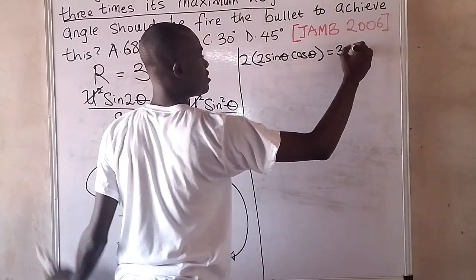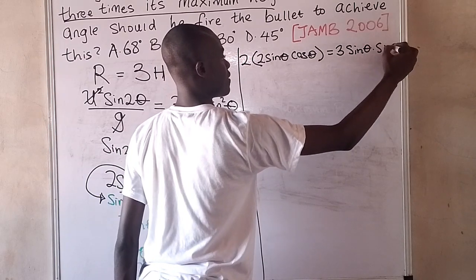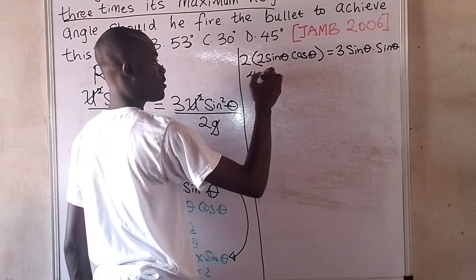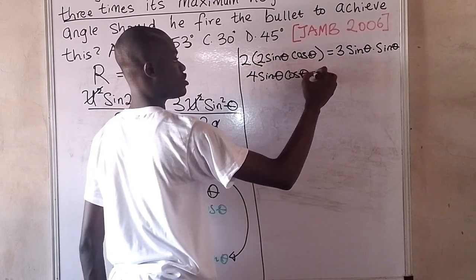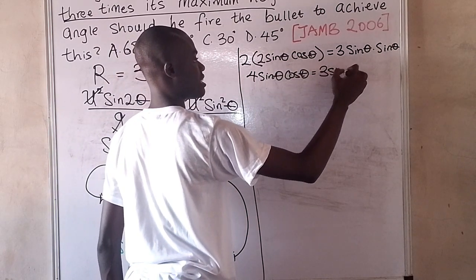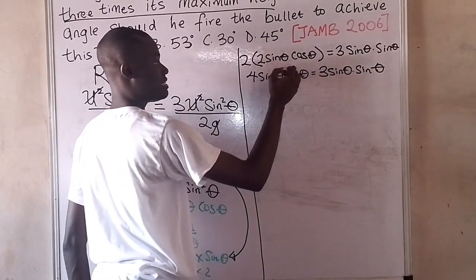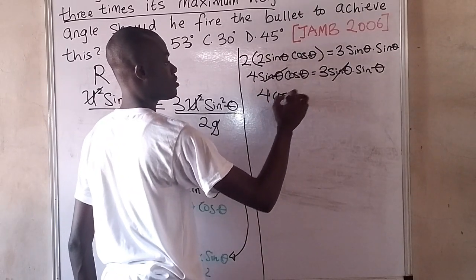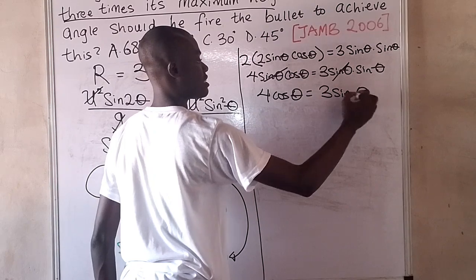So this becomes 3 sine theta sine theta. So when we open up this bracket, 2 times 2 gives us 4 sine theta cos theta is equal to 3 sine theta sine theta. So now sine theta can eliminate sine theta. So we have 4 cos theta is equal to 3 sine theta.